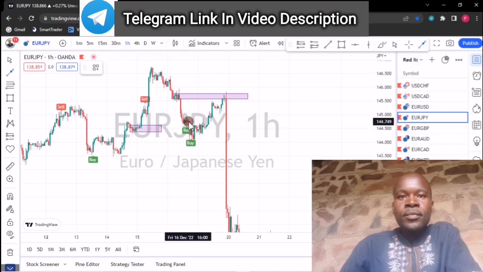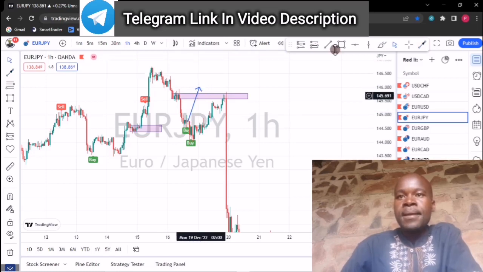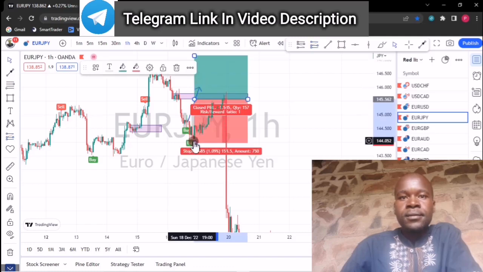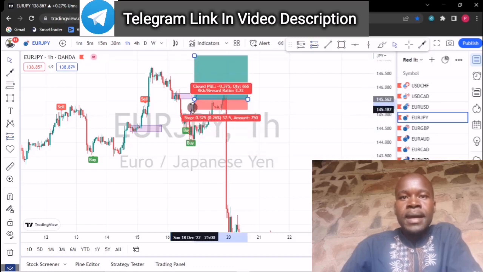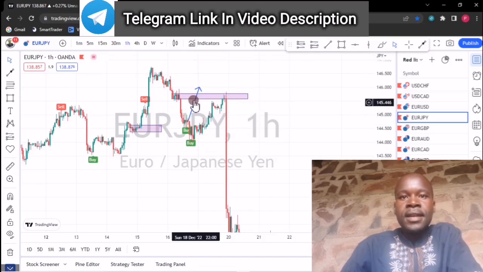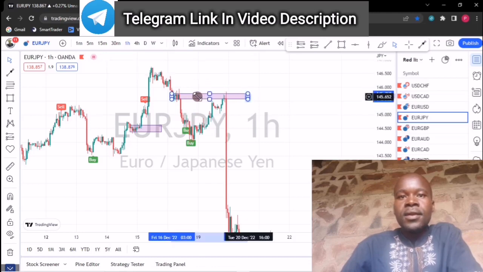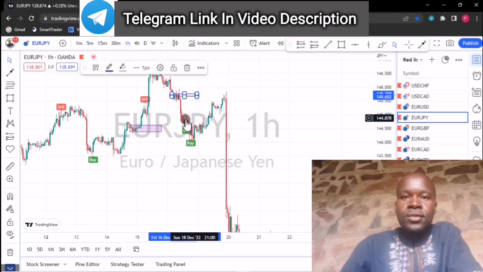If price could have done this and closed above this previous key level, you could have taken your buy. But then price didn't. Instead, it continued on a downward move, which made this buy signal a fake one.